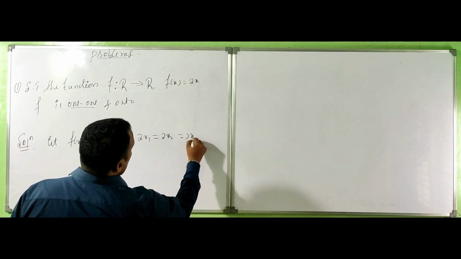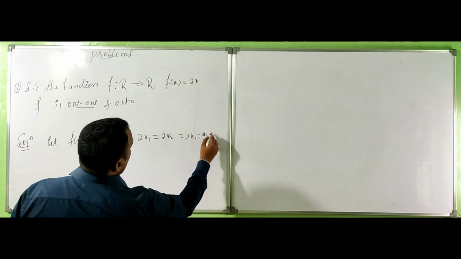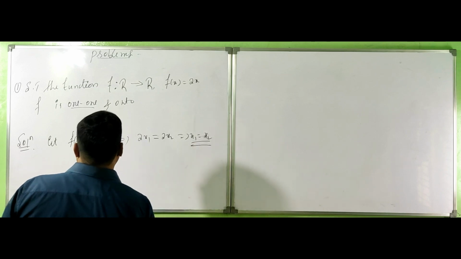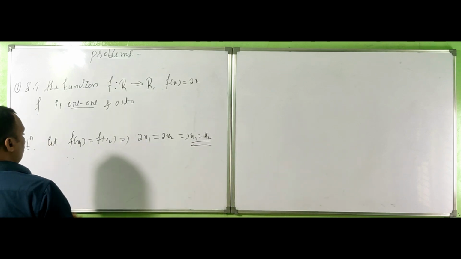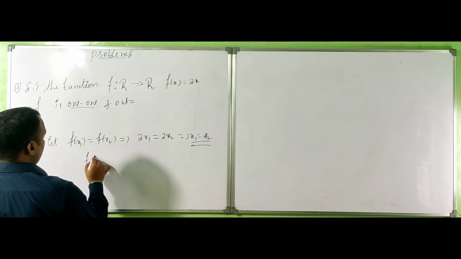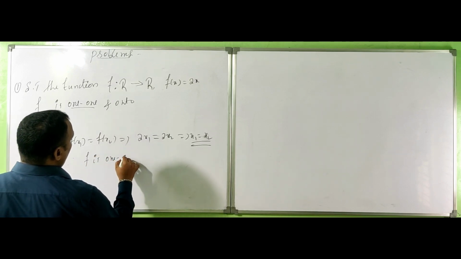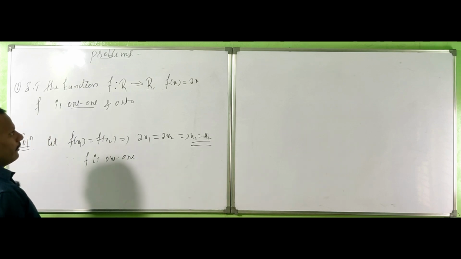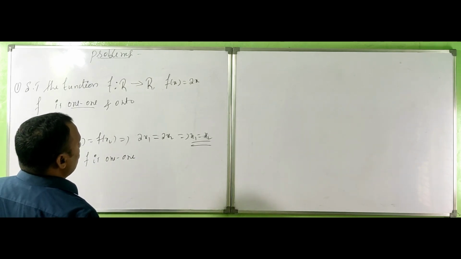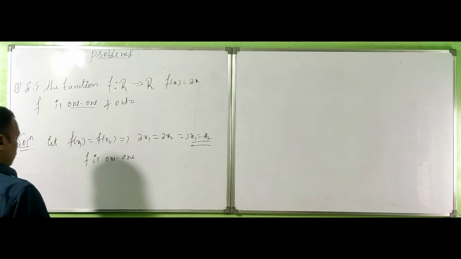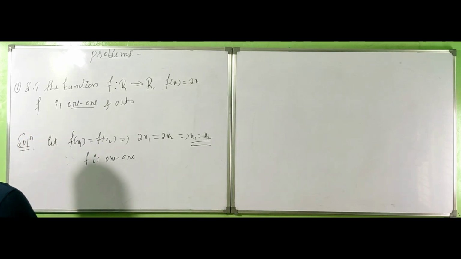This implies that x1 is equal to x2. Therefore, f is 1-1. For every element of x, you have a corresponding element in the R number.